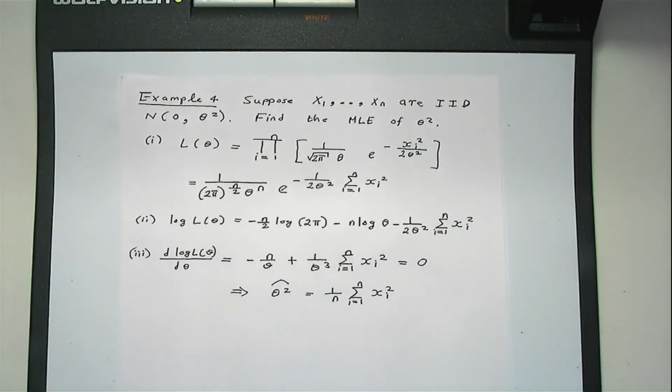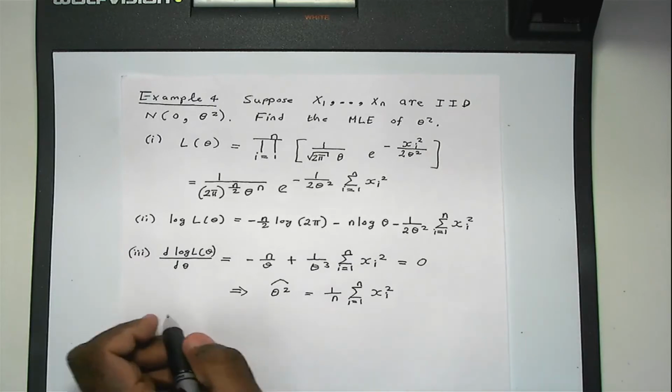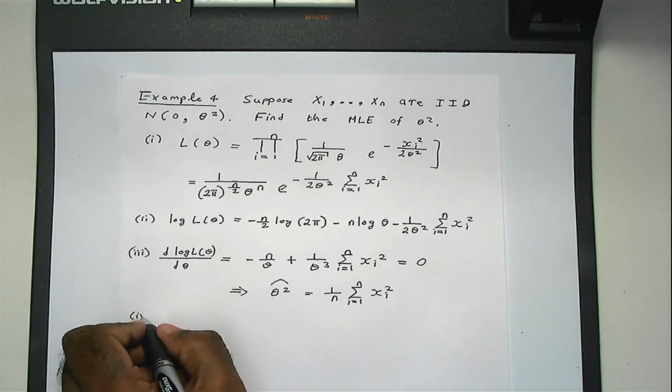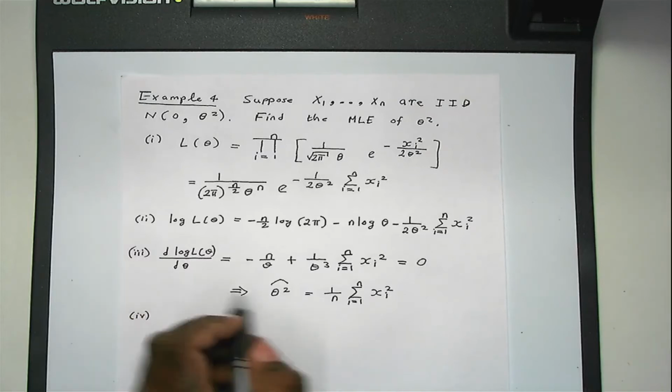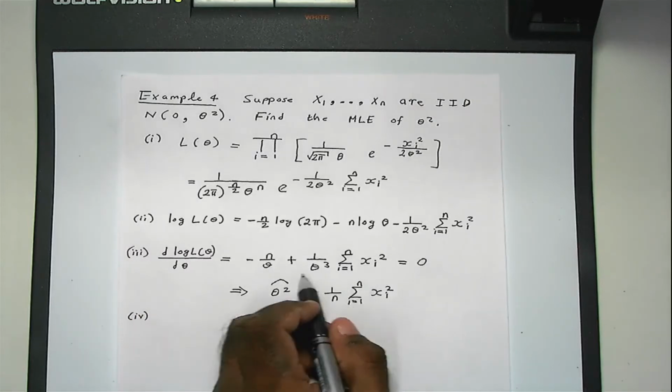And the next step, step number 4, is to find the second order derivative, which is the first order derivative of this one.